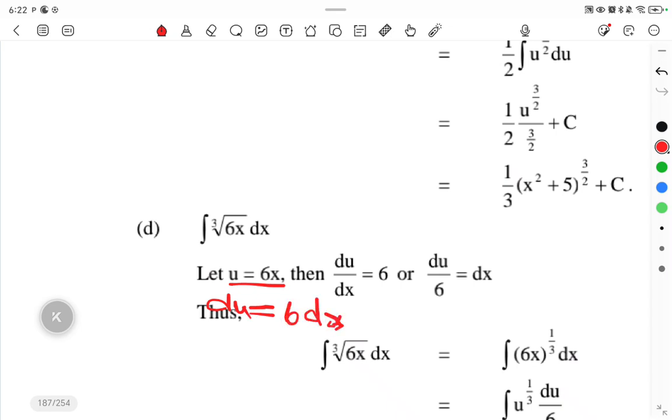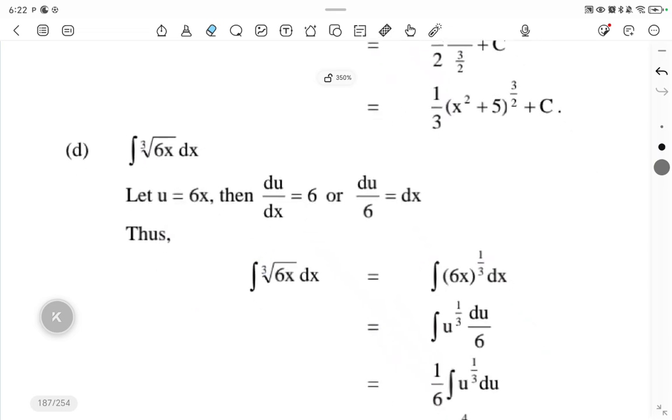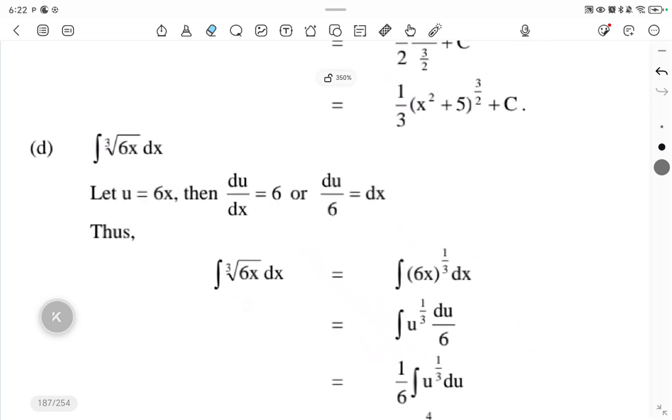Then I make dx the subject of the formula, which I'll have this, if I divide both sides by 6. So we have this. Now I come back and say from here, this is u. So I can substitute u there, and dx is equal to this.